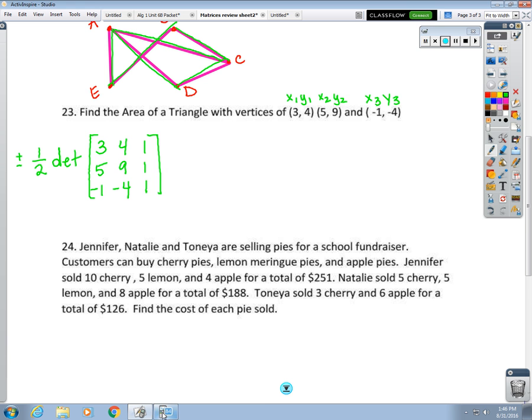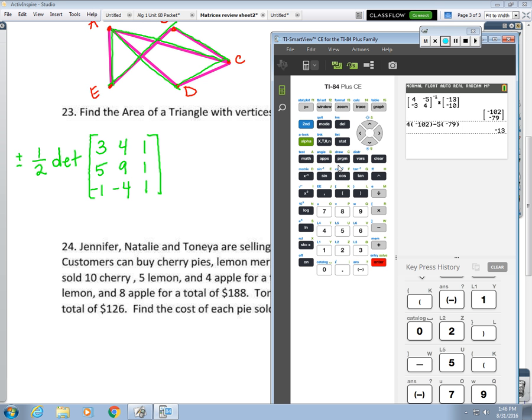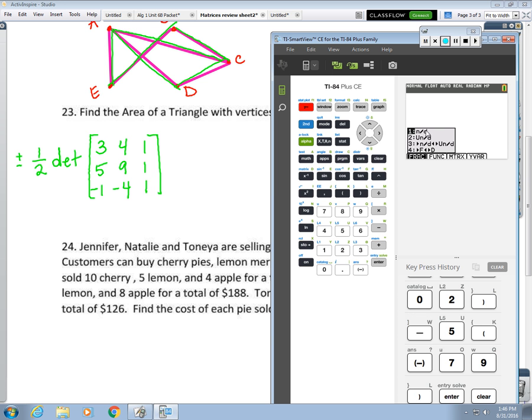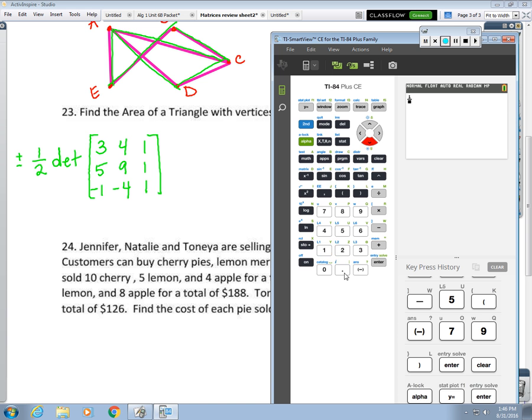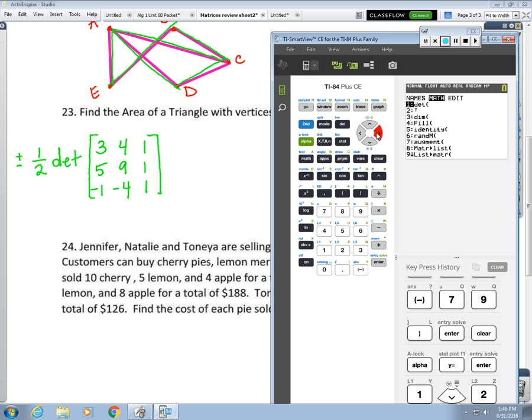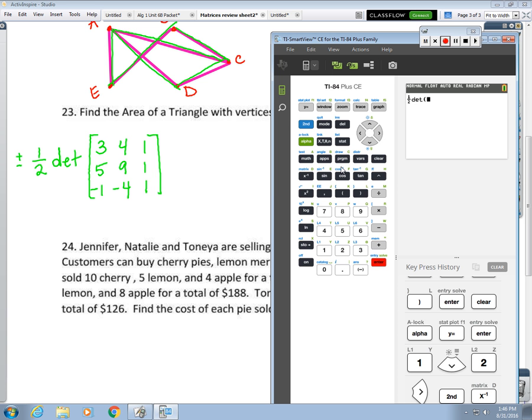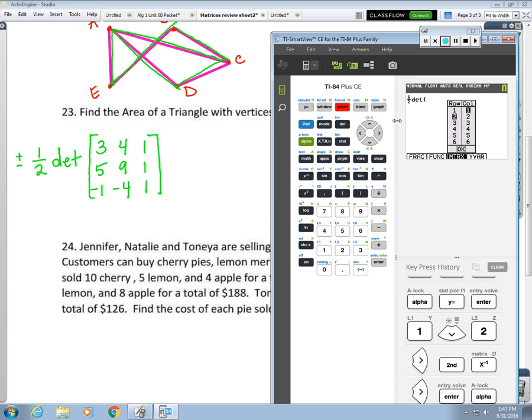Now you just type it in. So how do I type in 1/2? Alpha y equals, and then that's numerator over denominator. Okay, and then you should know by now how to pull up determinant. How do we do that? Math. Second matrix, right, math, and then there's determinant. And then we just type in this 3 by 3. So alpha zoom, make it a 3 by 3.